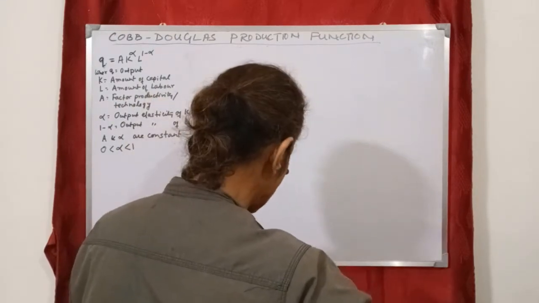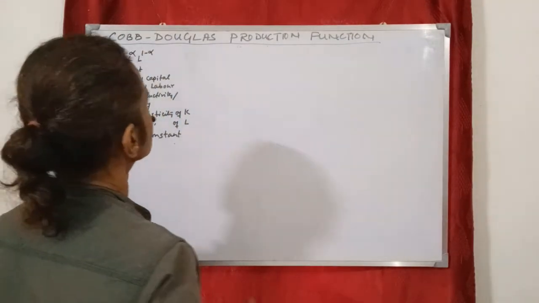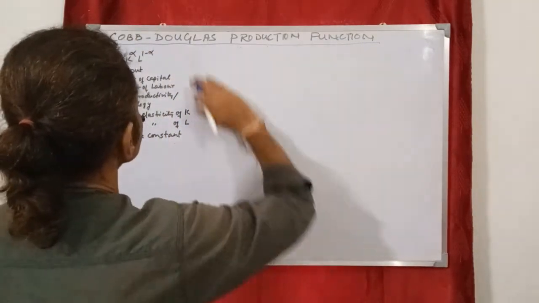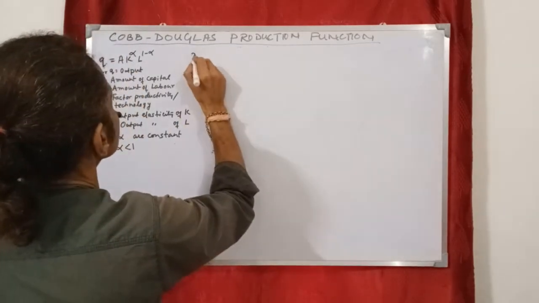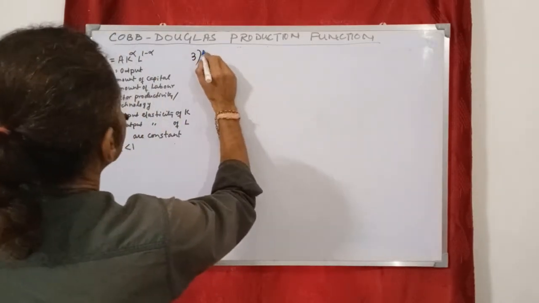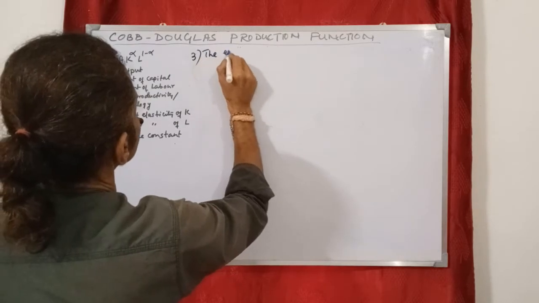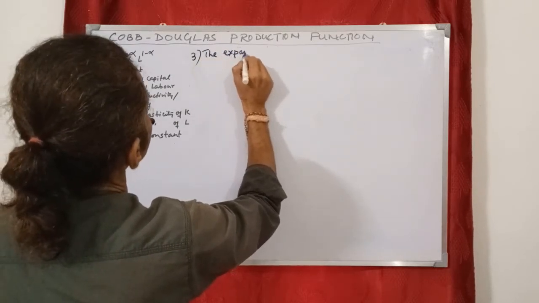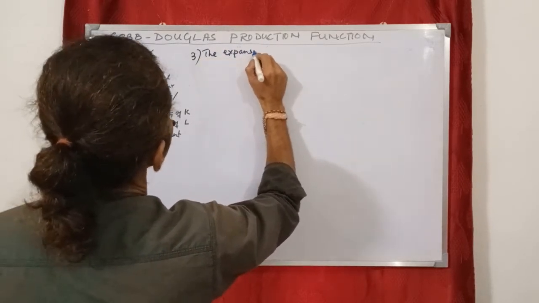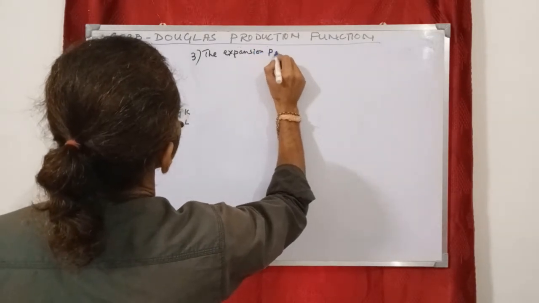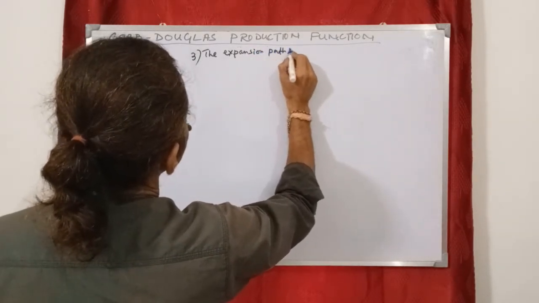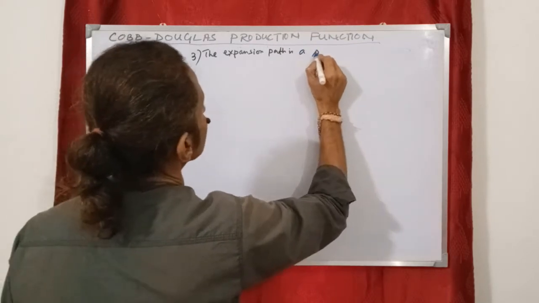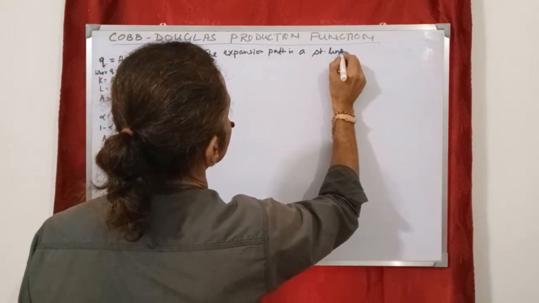Now what is characteristic 3? The expansion path is a straight line.